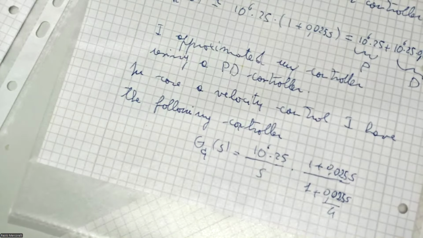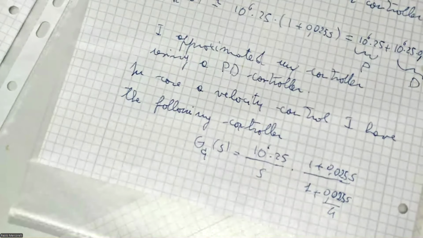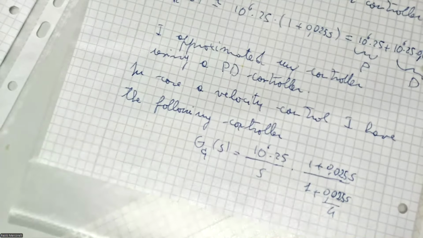Seems to be, but the controller is not the transfer function between position and velocity. I try to explain. Yeah, the question is why 1 divided by S instead of S.